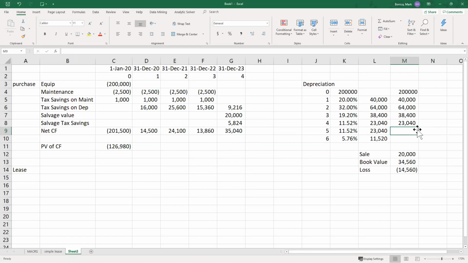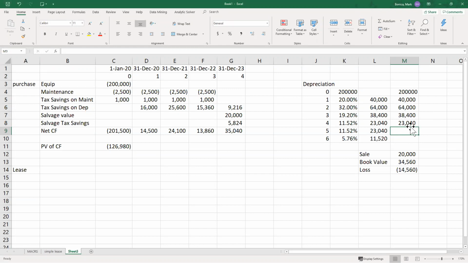Yes. So the effect is that we have not fully depreciated the asset. So if we held onto it, we'd have to hold on to it for 6 years to fully depreciate it.